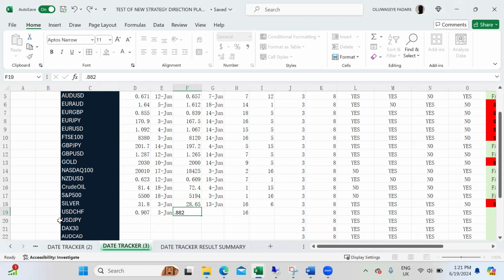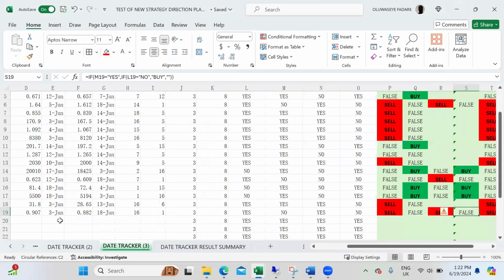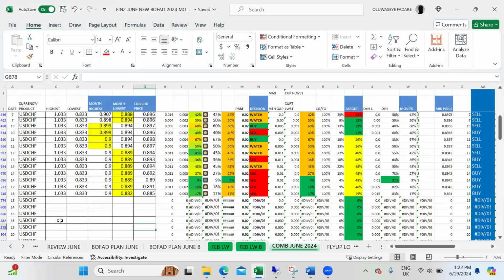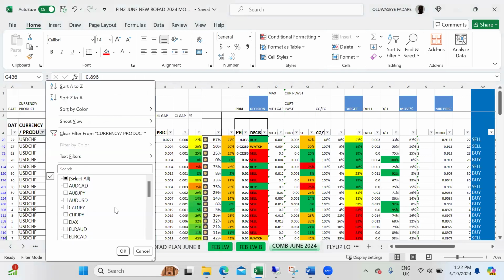So looking at this as well, you can see it's also a sell. So let's look at the results. So you can see as well, it's also a sell. Let's look at the final one for you to understand again, USD JPY.